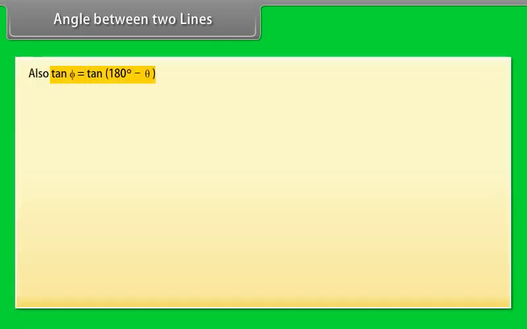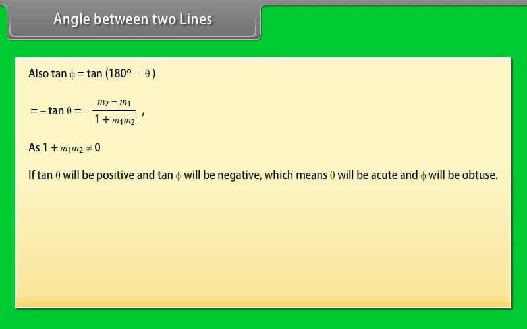Also, tan phi is equal to tan of (180 degrees minus theta) is equal to minus tan theta is equal to minus of (m2 minus m1) divided by (1 plus m1 m2), as 1 plus m1 m2 is not equal to 0. If tan theta will be positive and tan phi will be negative, which means theta will be acute and phi will be obtuse.